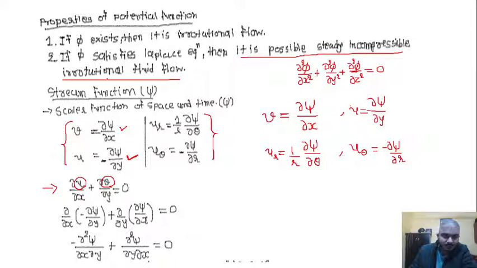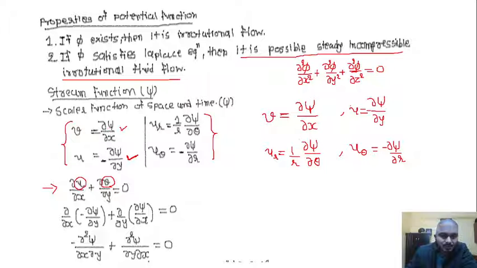Now the next is stream function. Stream function is denoted as psi. So here it is also a scalar function of space and time that is given by psi, and this function is defined in such a way that when we differentiate it with respect to x, it gives us the velocity component in a direction perpendicular to this x direction.